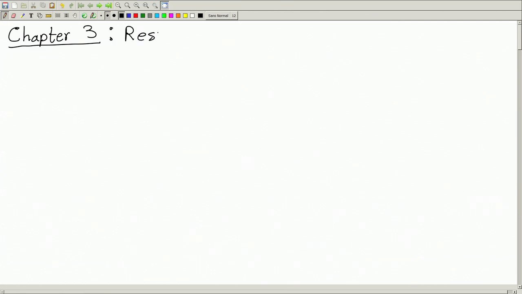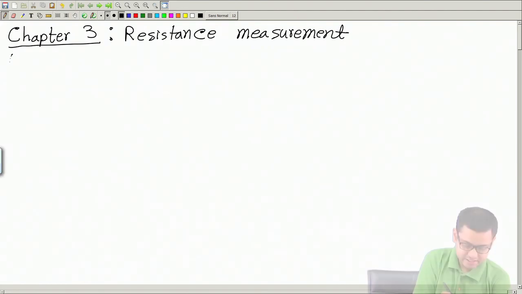Resistance measurement. Particularly we will talk about low and high resistance measurement in detail.